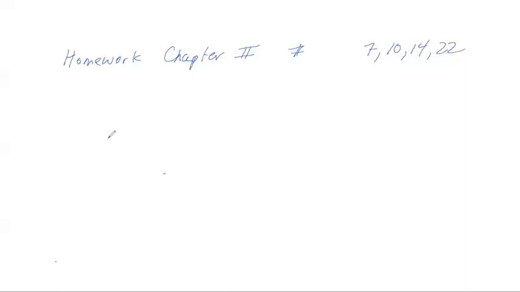All right, we're on chapter 2, problem 7. It's a calculus problem. It says a car is stopped at a traffic light.